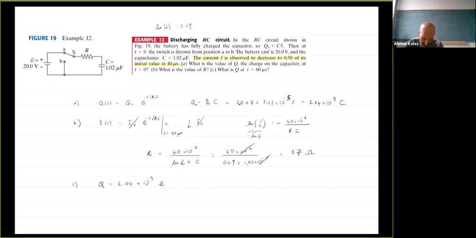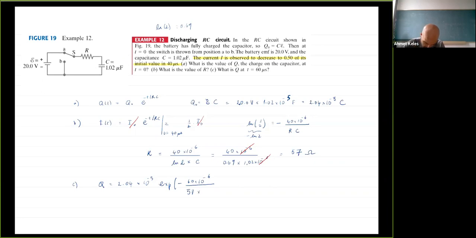Can I find it in a simpler way? Probably not, but that's fine. Exp minus 60 times 10 to the minus 6 divided by R, which is 57, and C is equal to what?